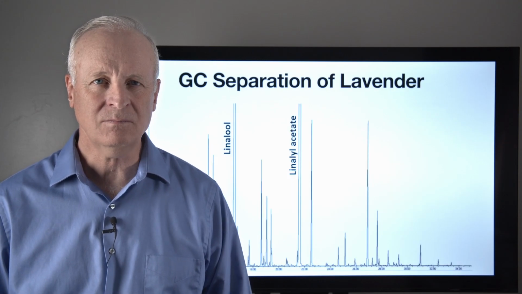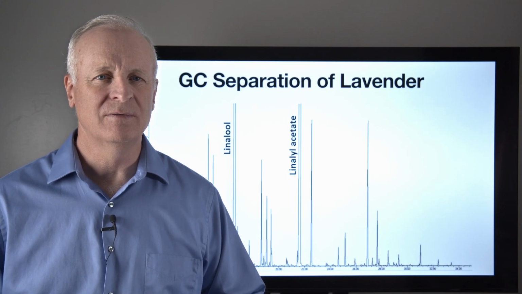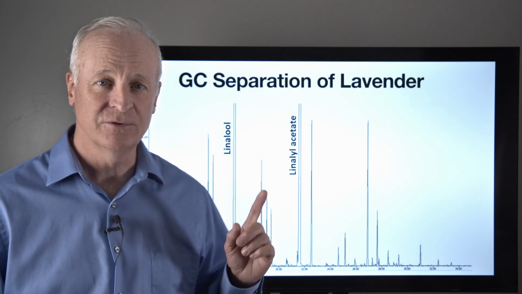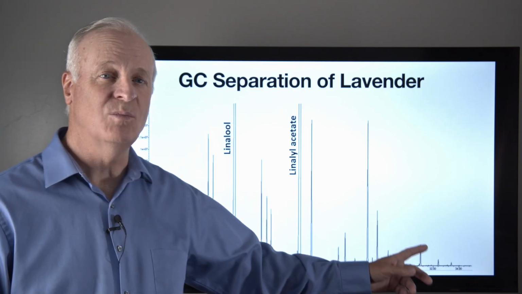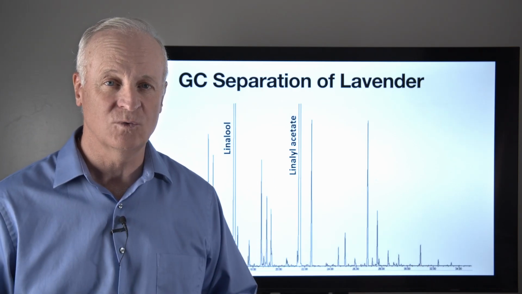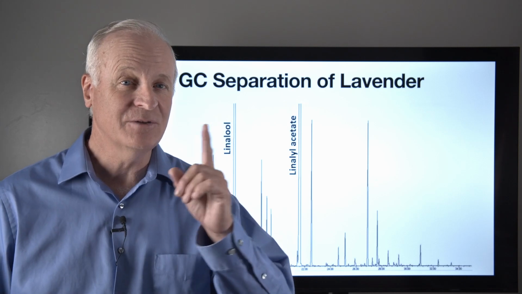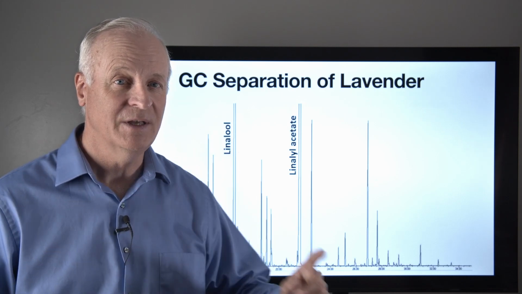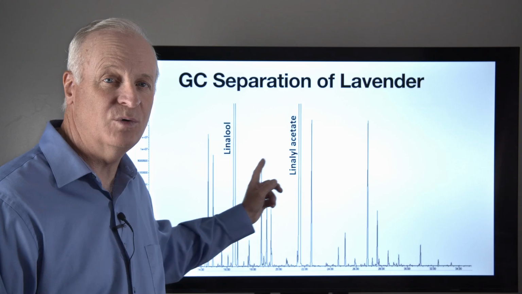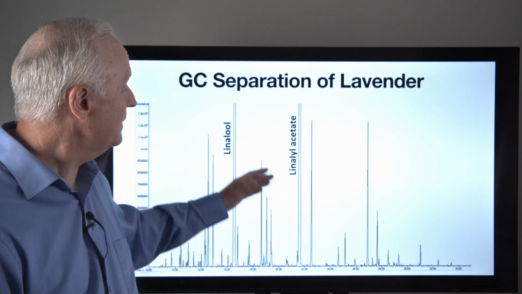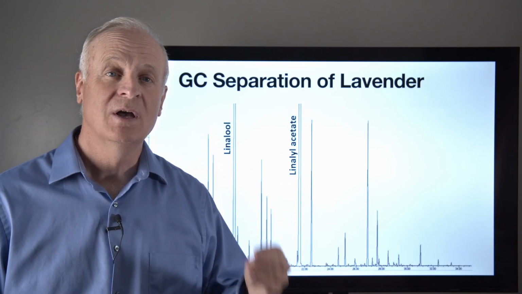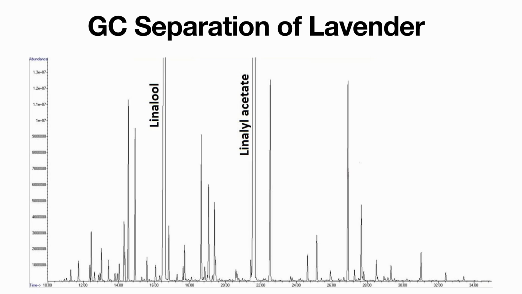work. Now, the goal of the GCMS is first to separate the molecules that are found in the essential oil. And the MS portion, its job is to give each component a name. In this example, I've given the name of linalool and linalyl acetate to the two very large components.